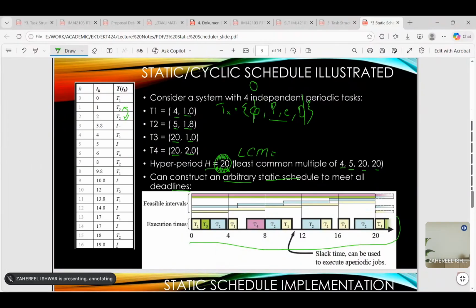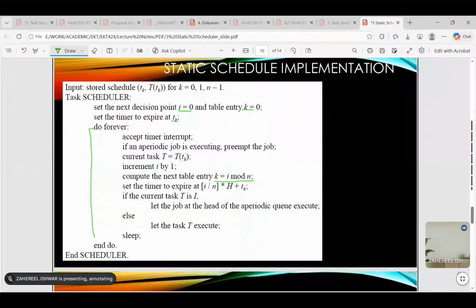So this table finishes at time equal to 20. After time equal to 20, we have to go back to time equal to 0. So this pattern will repeat every 20 units of time, the hyperperiod. So that's why we do K equal to I mod n. So your I value will always be from 1 to 20.